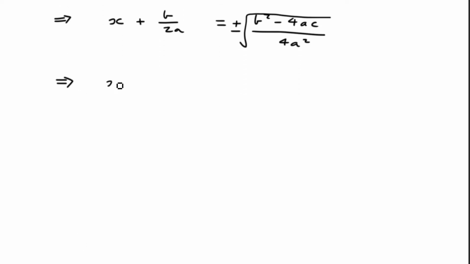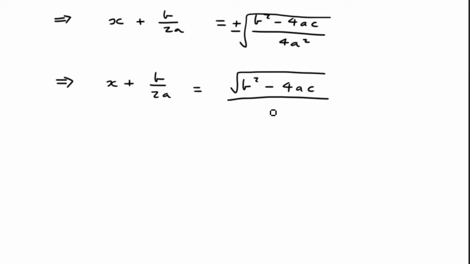Simplifying the right hand side just a little bit. On the top, there is no easy way to write the square root of b squared minus 4ac, so we will just have to leave it like that. But the square root of 4a squared is 2a. We mustn't also forget we've still got this plus or minus.